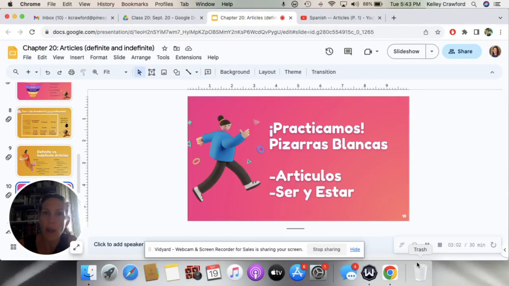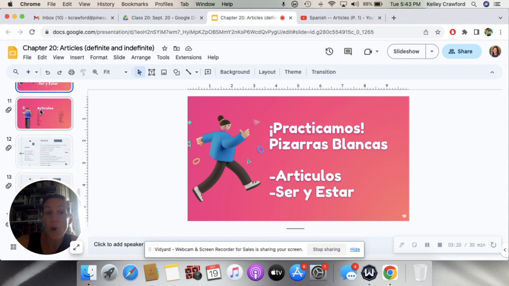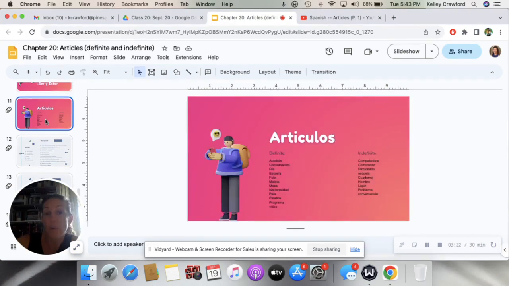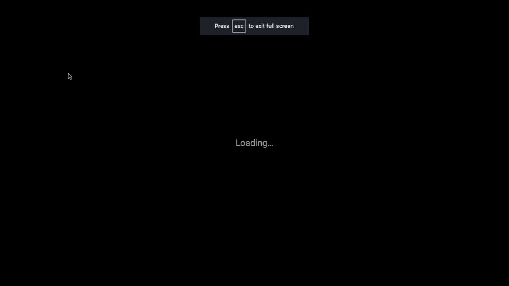And then you also have the question of, is it talking about something specific or something general? If it's something general, use your indefinite articles. If it's specific, use your definite. So you can pause and work on that. I'm going to grade that sheet for correctness.